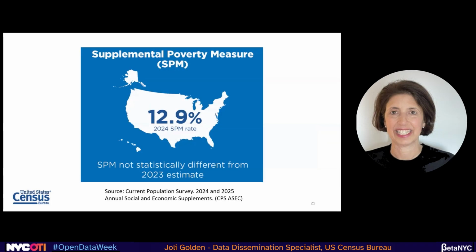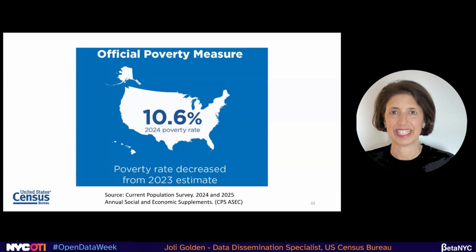So this data visualization shows us the supplemental poverty measure rate, which in 2024 was 12.9%. So according to the supplemental poverty threshold, 12.9% of the population fell below that supplemental poverty measure. The official poverty measure for 2024 was 10.6%. And the poverty rate decreased from the 2023 estimate.